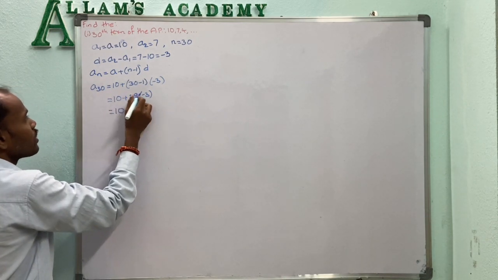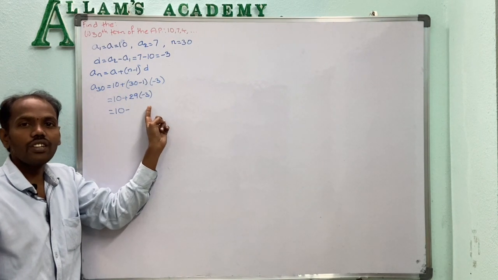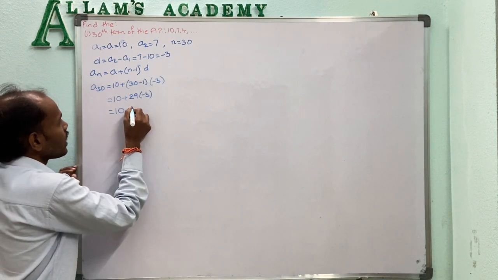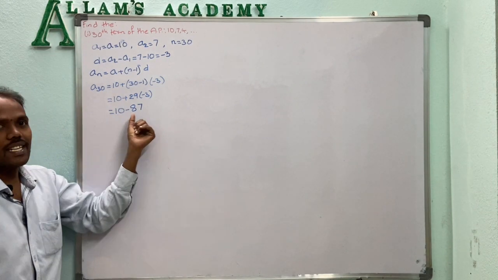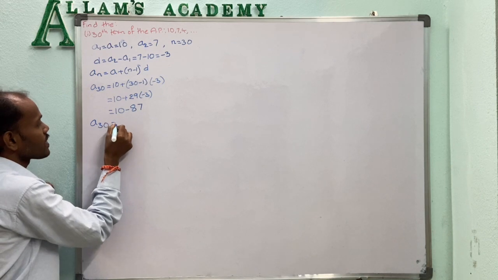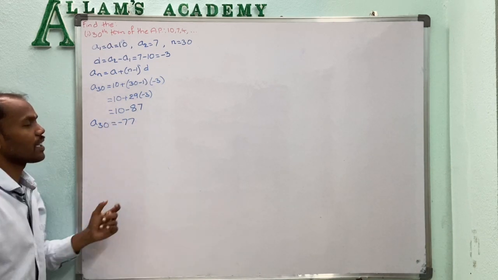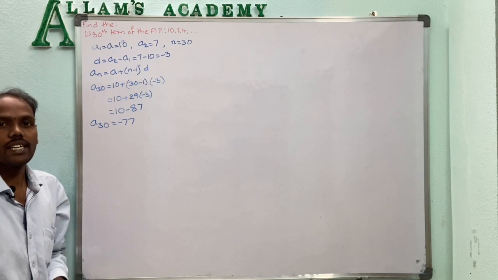Plus into minus is minus, and 29 threes are 87. So 10 minus 87 is nothing but minus 77. So the 30th term of this AP is minus 77.